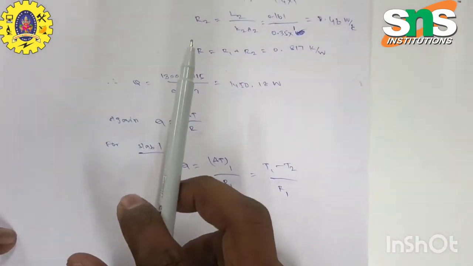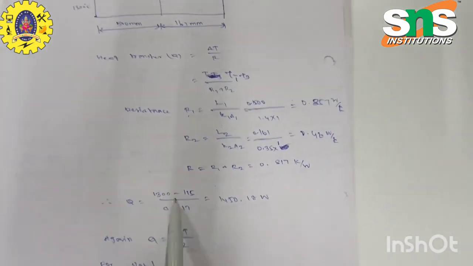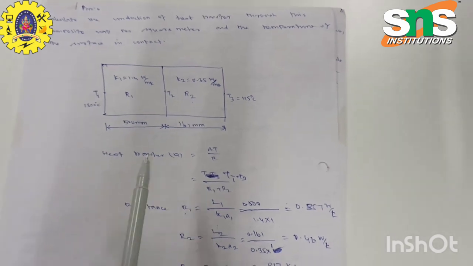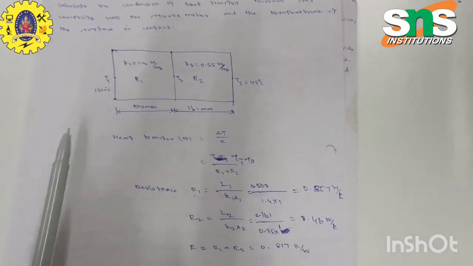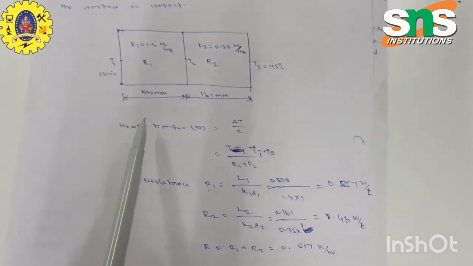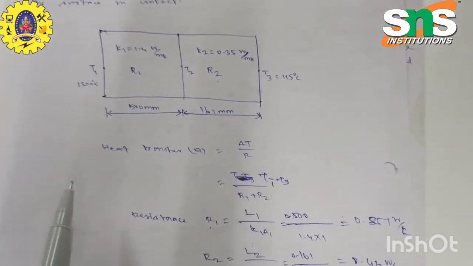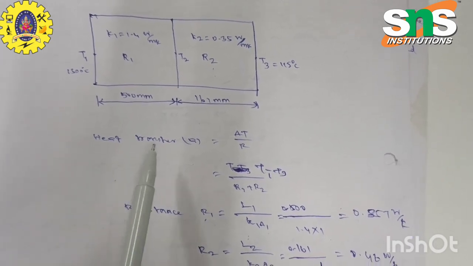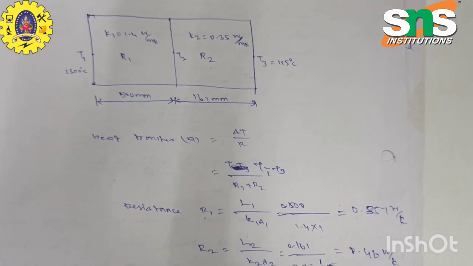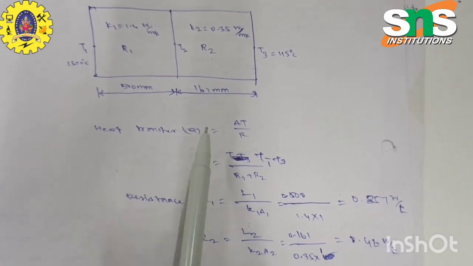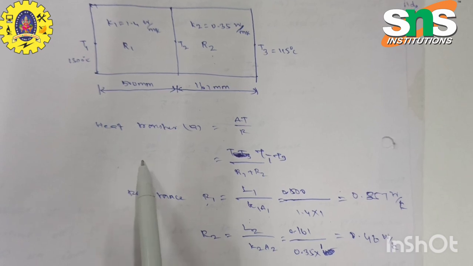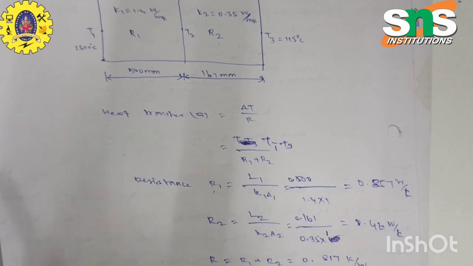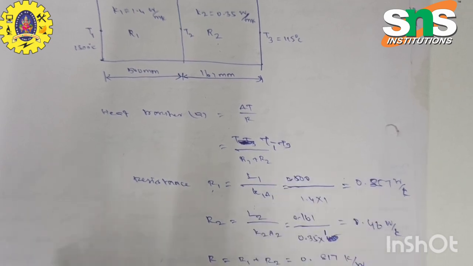Finally, once again I will summarize this problem. Here, a composite wall with two slabs is given, and the properties of the two slabs are also given. We need to find the heat transfer rate and the intermediate temperature of this composite wall. First, the basic equation of heat transfer by conduction is Q equal to del T by R, where R is the resistance of the slab, with the formula L by KA.